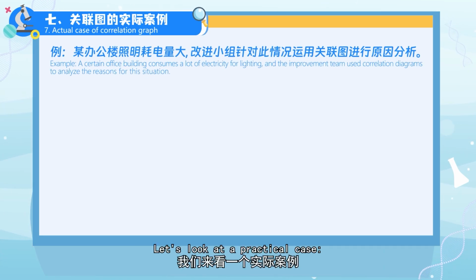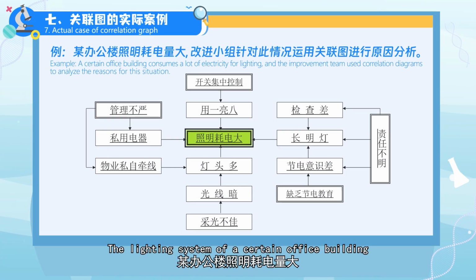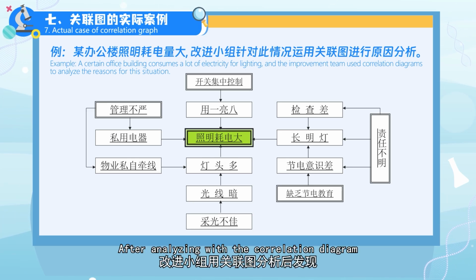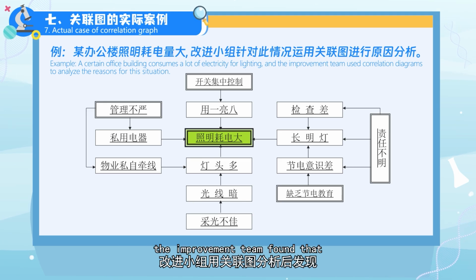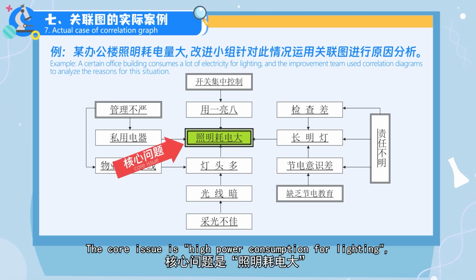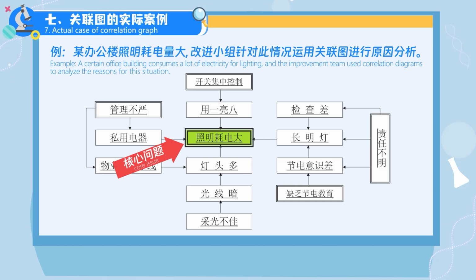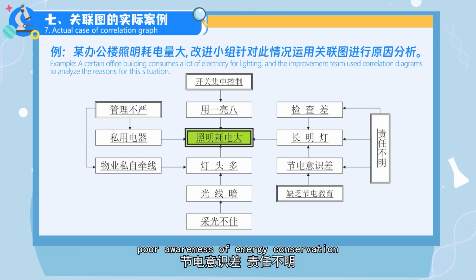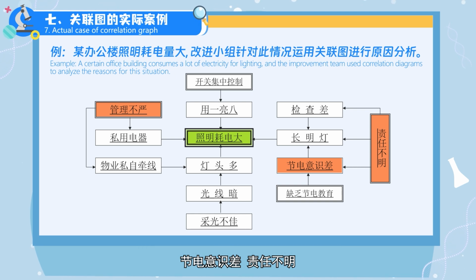Let's look at a practical case. The lighting system of a certain office building consumes a large amount of electricity. After analyzing with the correlation diagram, the improvement team found that the core issue is high power consumption for lighting. The main reasons include lax management, poor awareness of energy conservation, and unclear responsibilities.